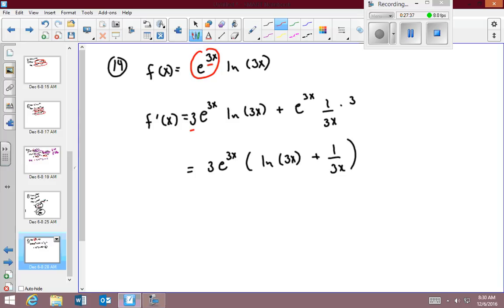This is 3 e to the 3x. Basically, you go back on page 353, and that's what I was saying. When you take the derivative of e to the x dx, it is e to the x. It's just the exponential.